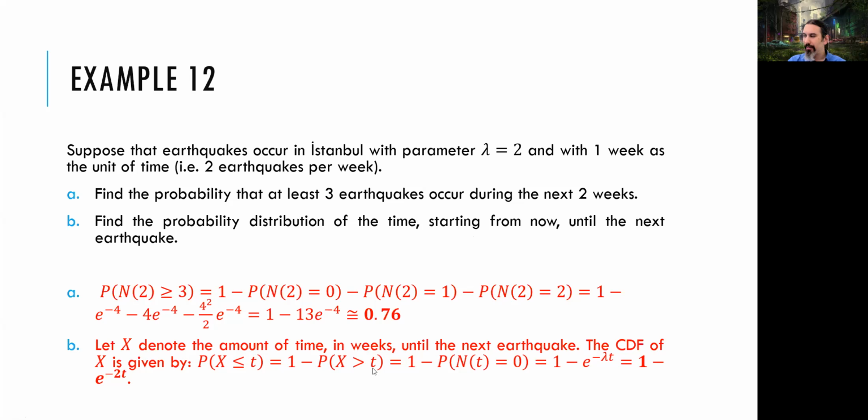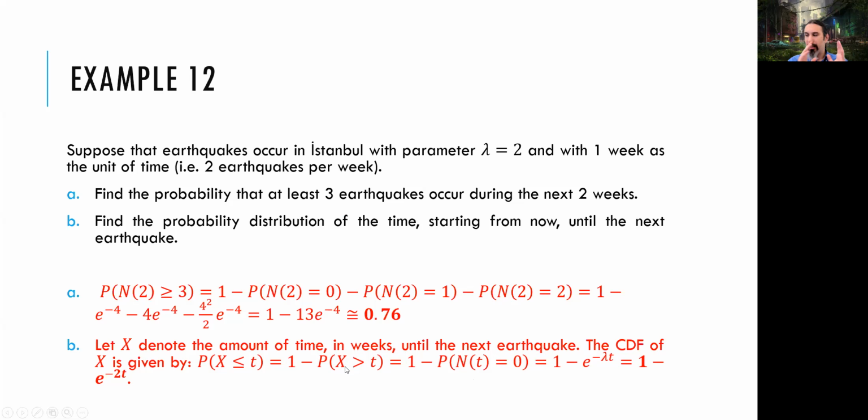This means that you don't have any earthquakes in the first t weeks. The first earthquake is after week t. So we are looking for the probability that the number of earthquakes in the first t weeks is 0. So this one becomes this one. This transformation is the most important part. If you can understand it right now, it becomes very easy.